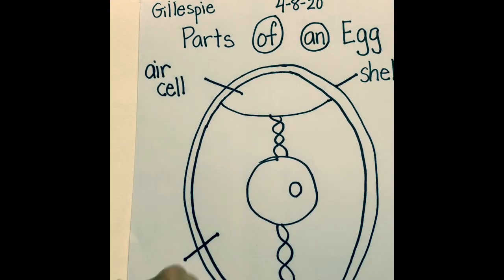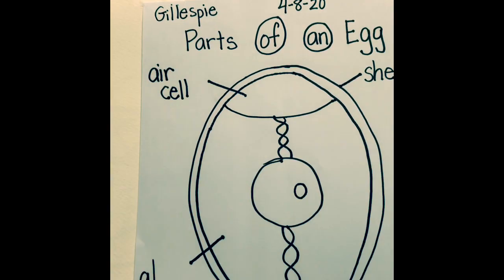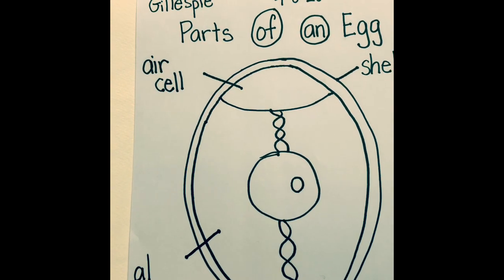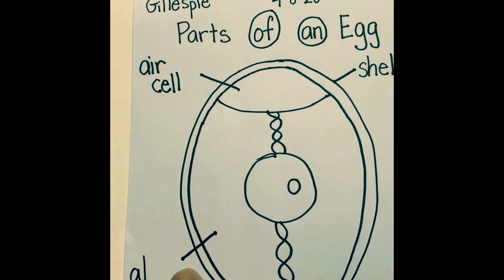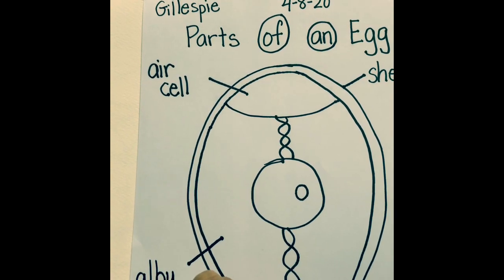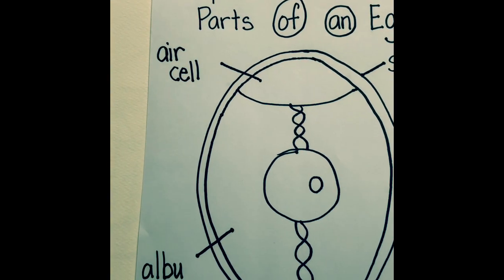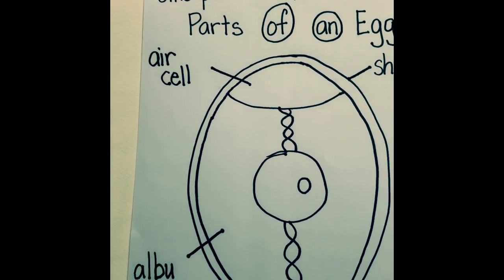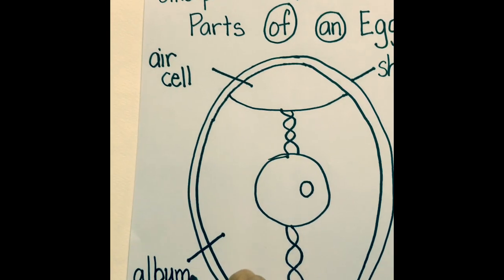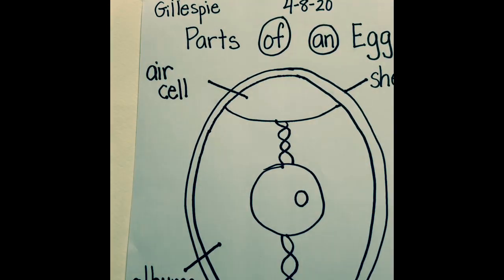Albumin. So let's see if we can sound that out. Al. A is an A. L is an L. Al. Now listen carefully. Boo. B. Oo. What do you hear? B and a U. Boo. Albumin. So men, M, E, and then N. Albumin.